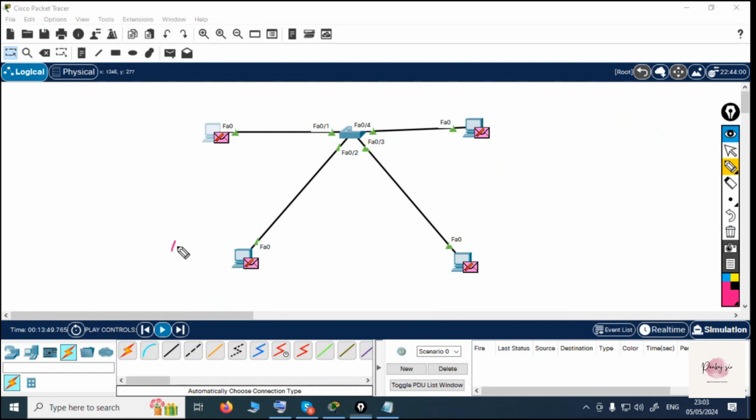I will configure 10.0.0.2, and while it sends the ARP request for 10.0.0.2, we will configure the same IP address here also. Okay. And let's see what happens. We have already configured 10.0.0.1 here. So now let's configure 10.0.0.1 in this PC also. And let's see what happens.